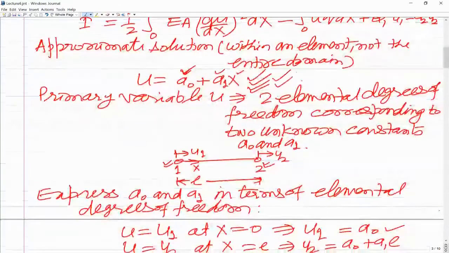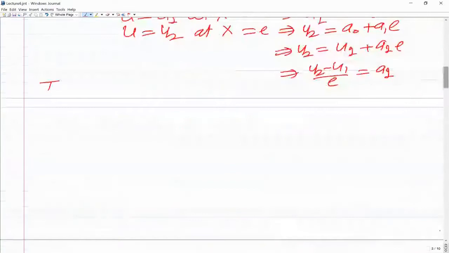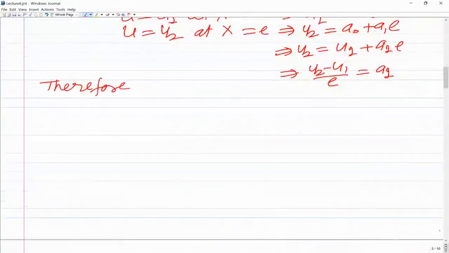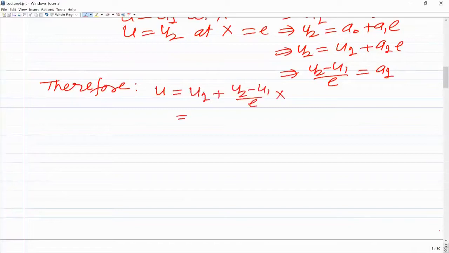Finally we have the approximation of the displacement u within the element in terms of u1 and u2, where a naught is u1 and a1 is u2 minus u1 upon L into capital X. Now what we do here is collect the coefficients of u1 together and coefficients of u2 together. So you can write this as 1 minus x by L into u1, and u2 has only this coefficient, x by L into u2.